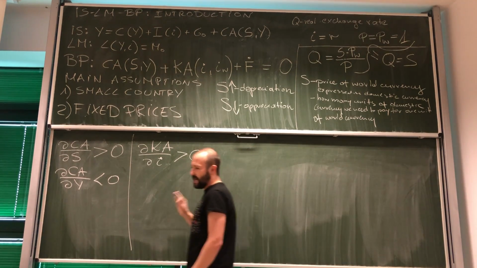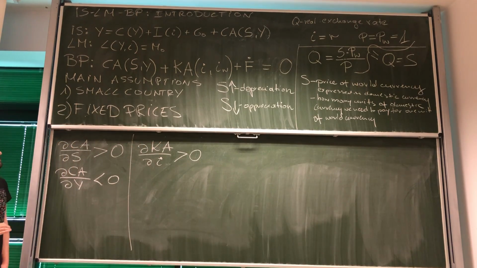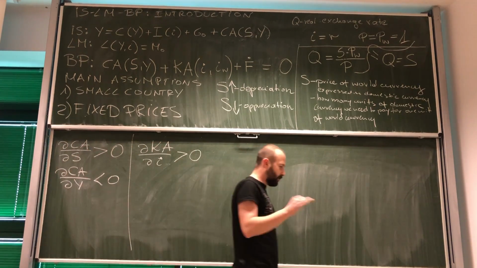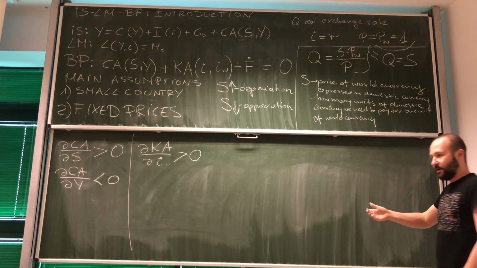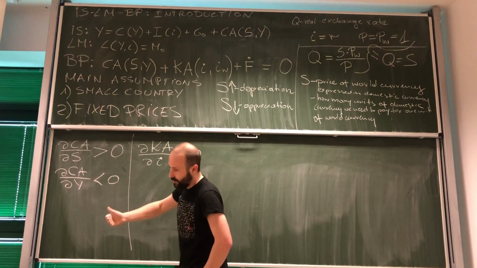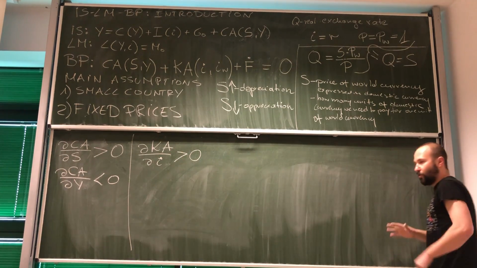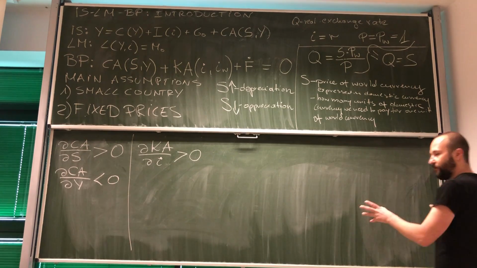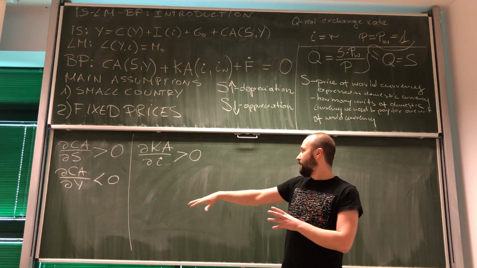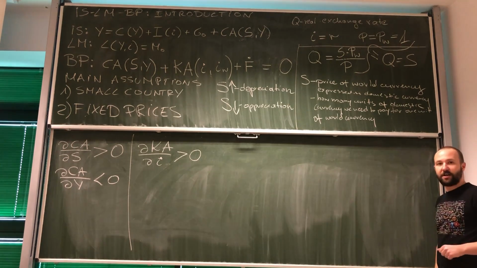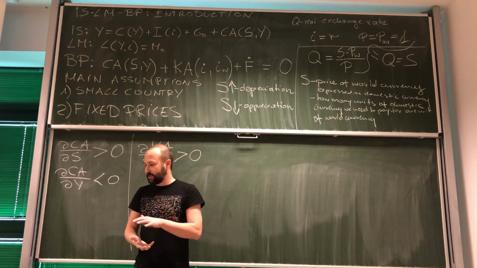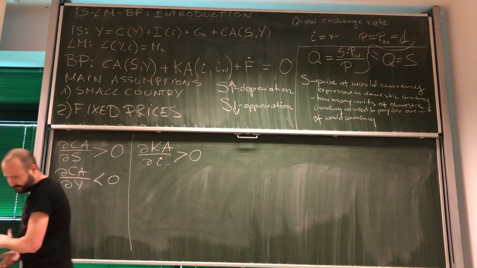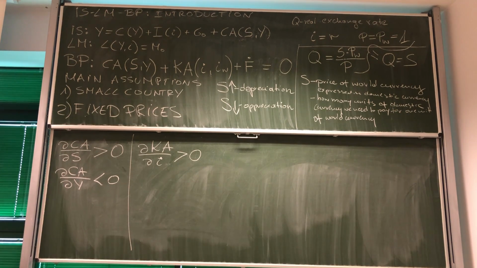But keeping that aside, what is happening if interest rate in our country is increasing? Foreigners are purchasing more of our bonds. So we observe an inflow of money into the economy. And now foreigners hold more of our bonds.